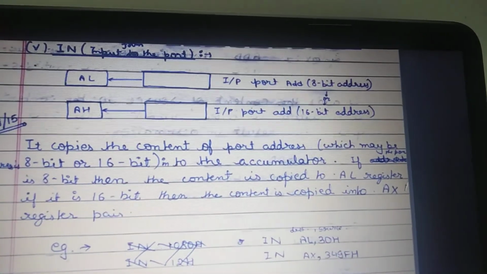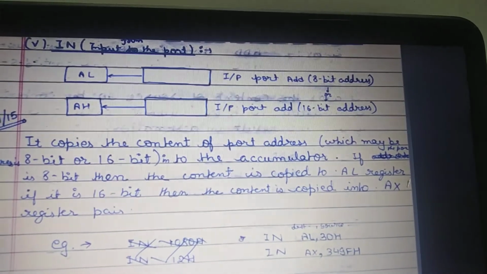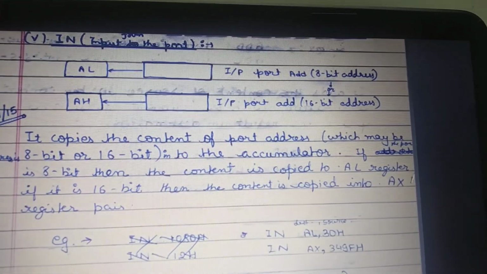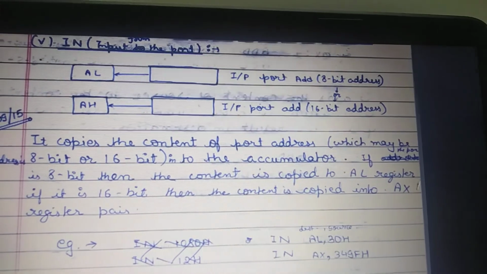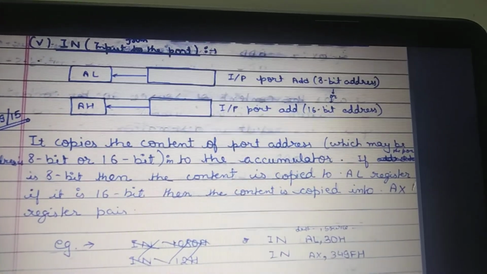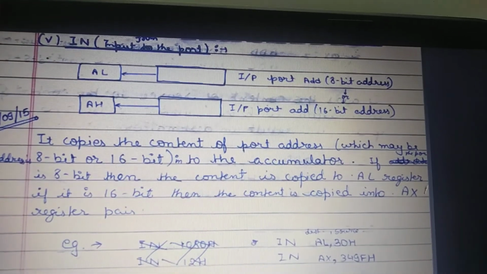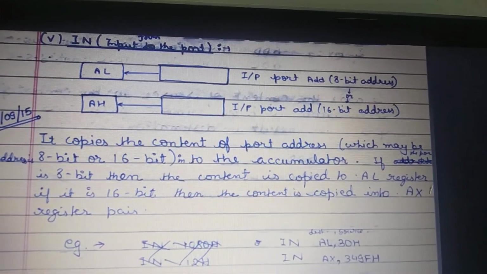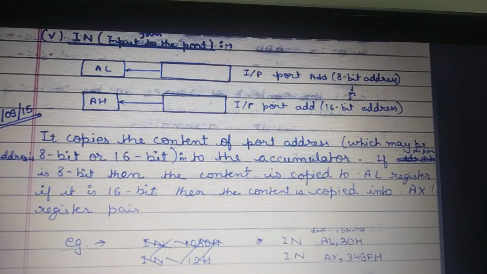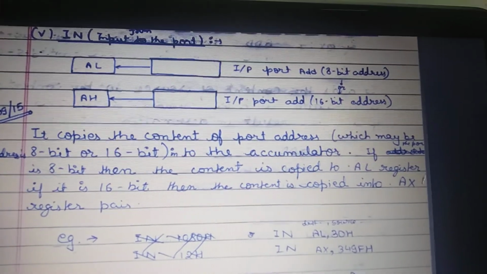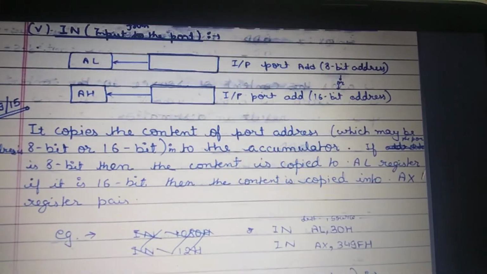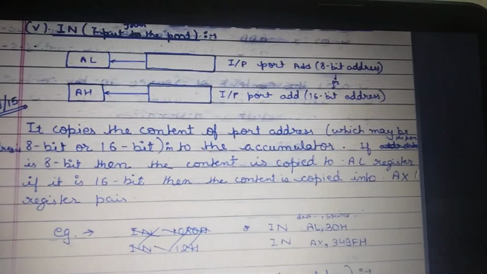For example, IN AL, 30H, what will happen? 30H is the port address given, and from that address 8-bit data will be transferred to the AL register. Similarly, IN AX, 349FH, what will happen?